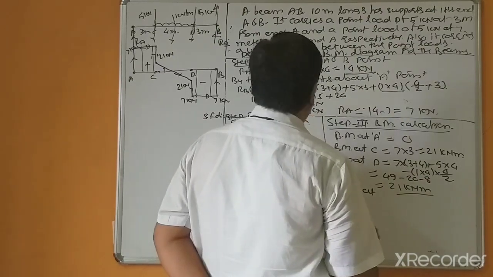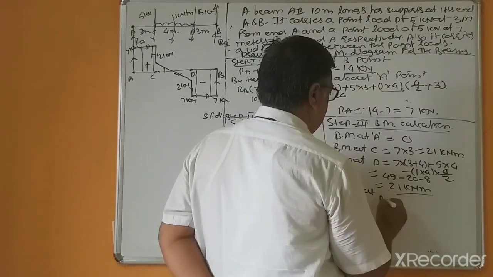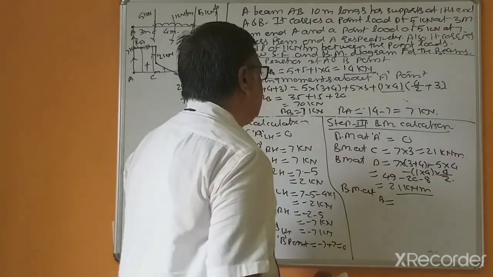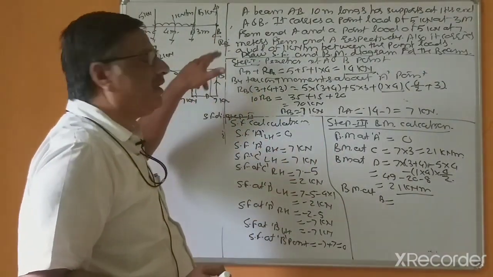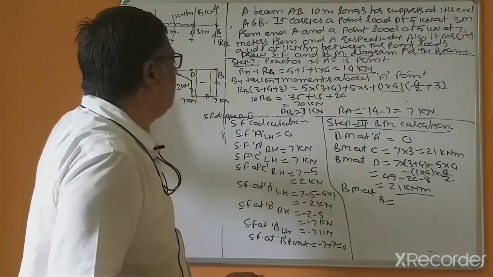And bending moment at B point. At B point, actually this is 0 because this is the end point, but you can check here.